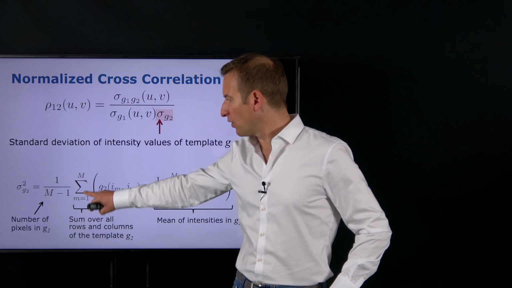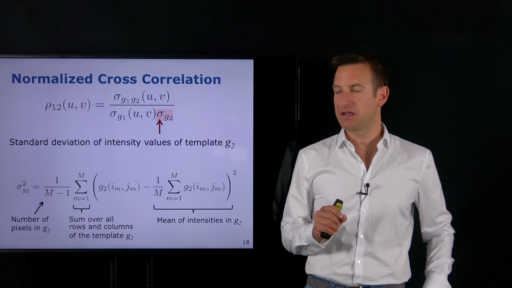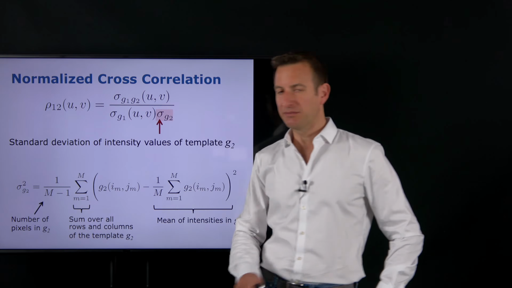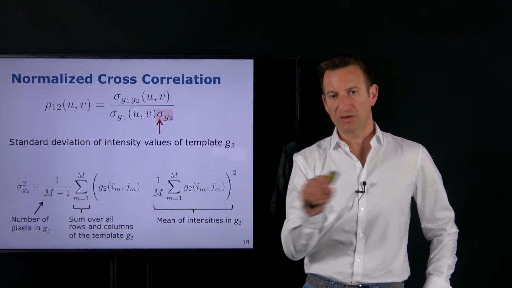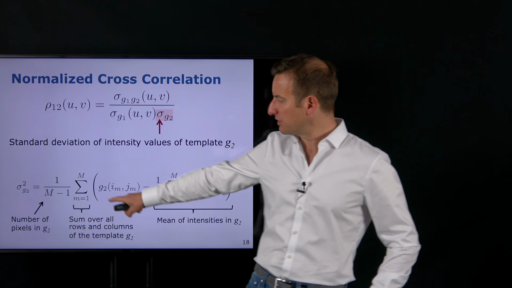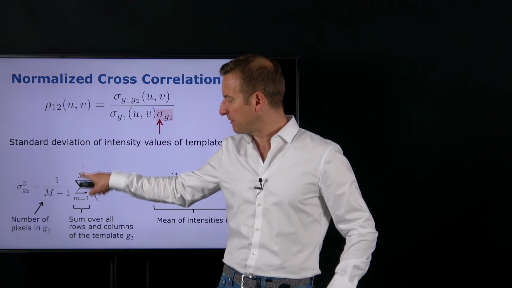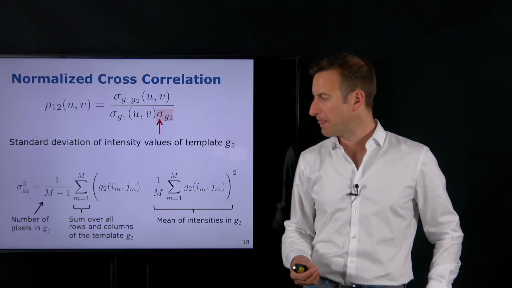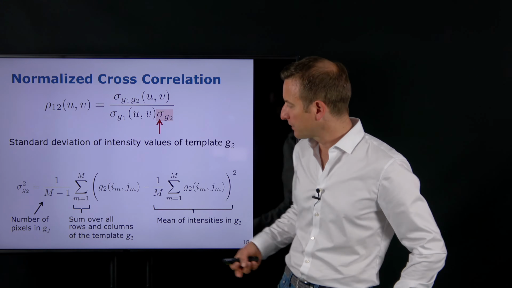Then I'm summing over all pixels in that template, over all rows and columns, assuming I can just have one sum going over them, not splitting it up into different sums, just to make the notation more convenient. So this means I'm iterating over all pixels in my template.